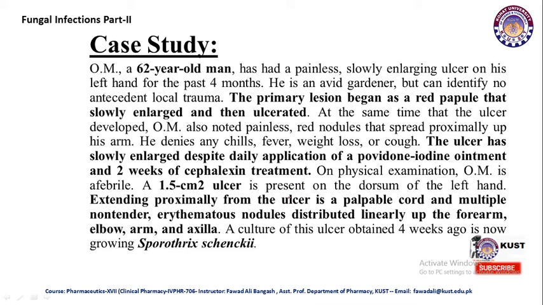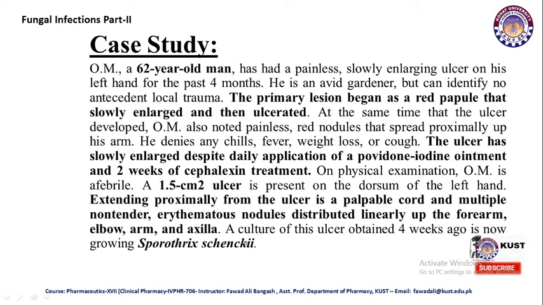Extending proximally from the ulcer is a palpable cord and multiple non-tender, erythematous nodules distributed linearly up the forearm, the elbow, and the axilla. A culture of this ulcer obtained 4 weeks ago is now growing Sporothrix schenckii.